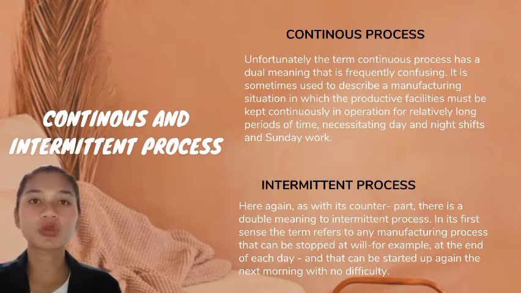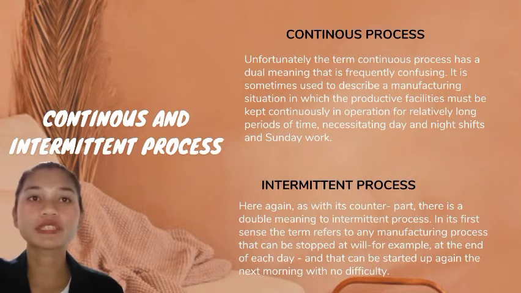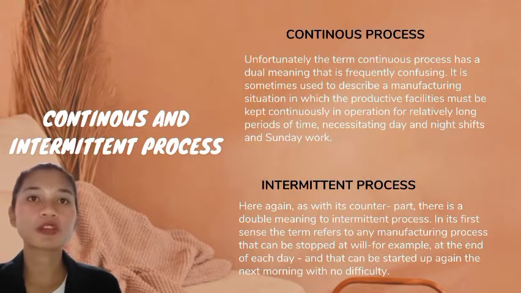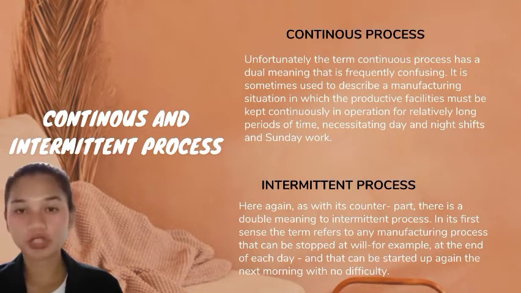This situation is also true in much of the chemical industry, where once the production processes have been started, they must be carried through to completion without interruption. The second is the intermittent process. Intermittent manufacturing refers to a manufacturing process that can be stopped at will, for example at the end of each day and then started again the next morning.